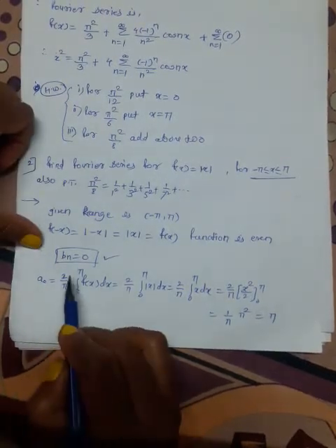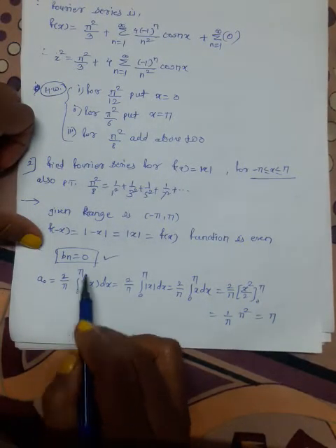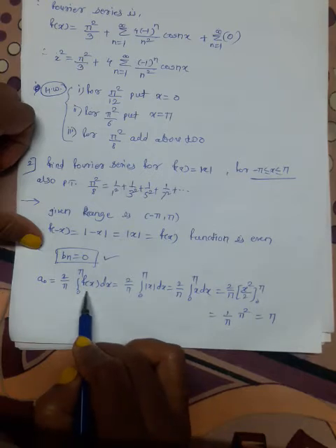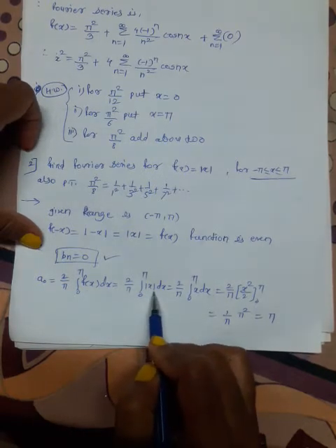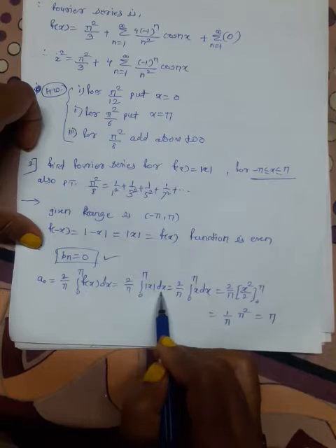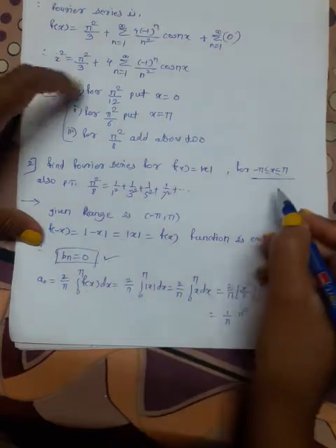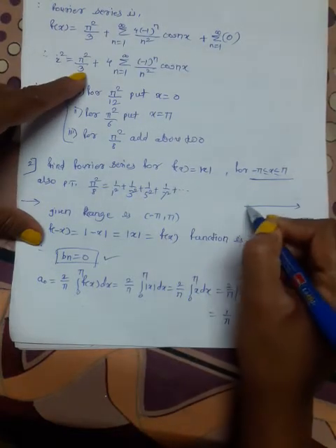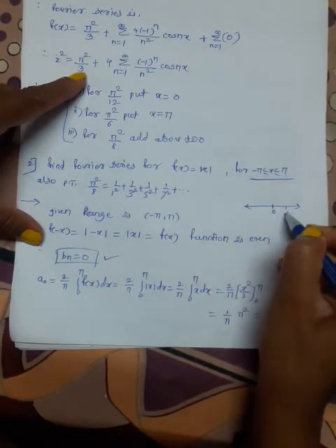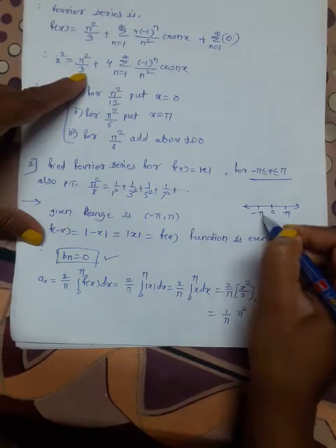Now a naught is given by 2 upon pi, integration 0 to pi of f(x) dx. Put the value of f(x) as mod x, and we know mod x is positive in the range 0 to pi. Minus pi to pi, how does it look? This is pi, and this is minus pi.